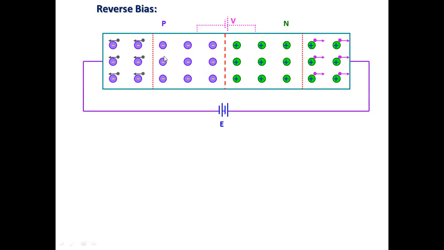In the opposite direction, the positive supply is given, positive to negative. It will oppose whatever electrons I am injecting here. The holes are opposing here.